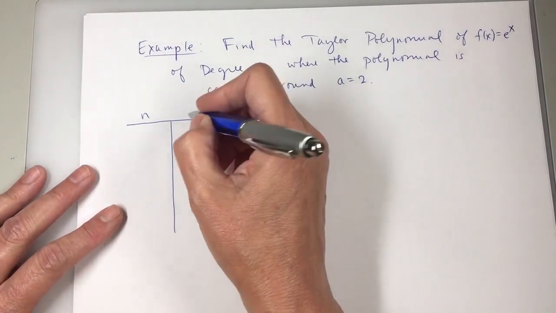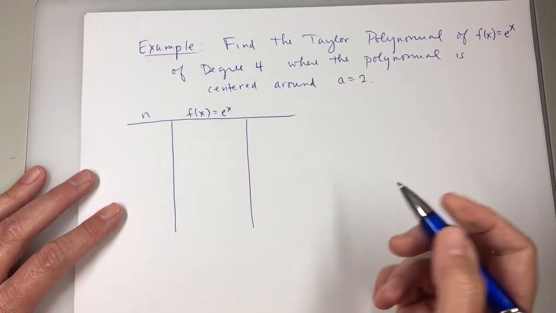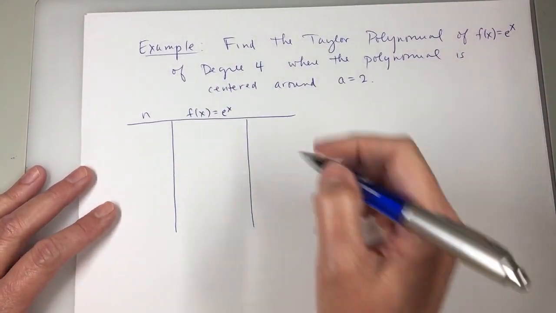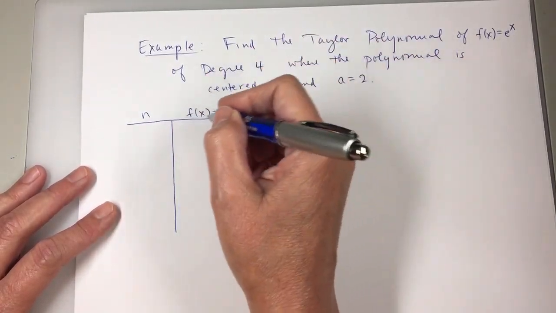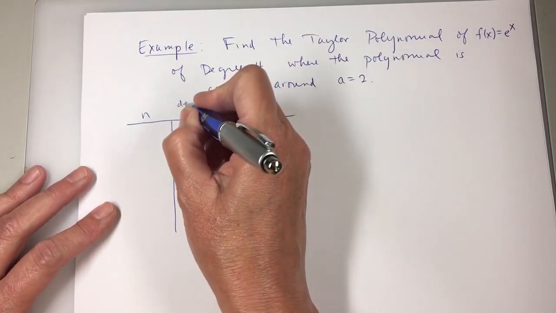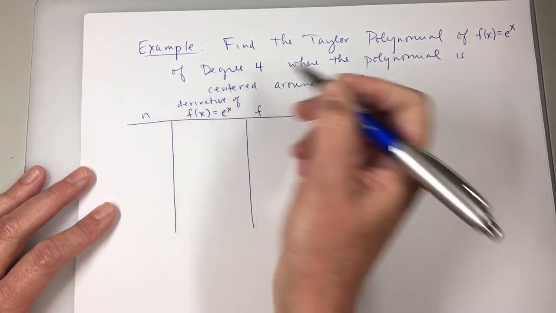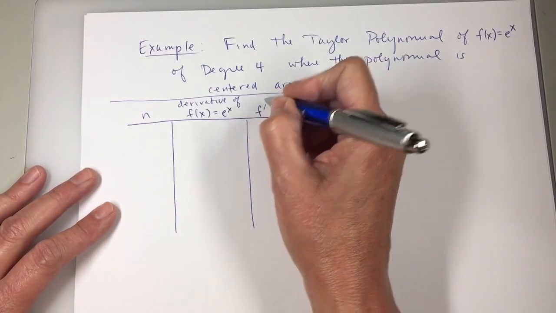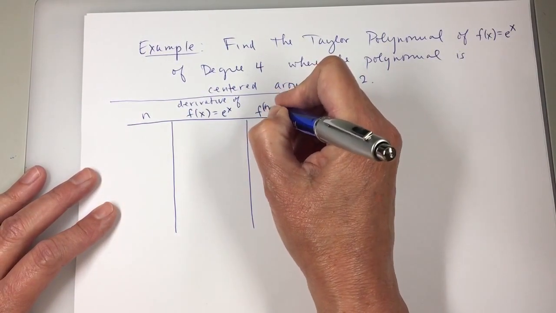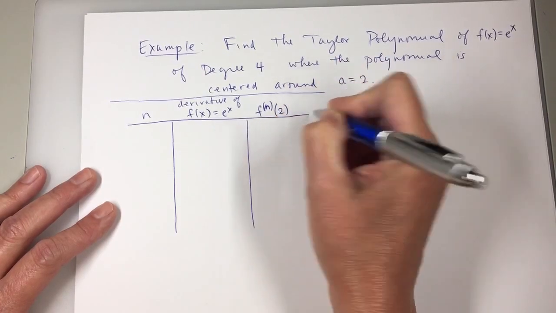So there's n, f of x is e to the x, and then I need to find, well, this column would be the derivative of my function, and then I need to find f, the nth derivative at a, which is 2.